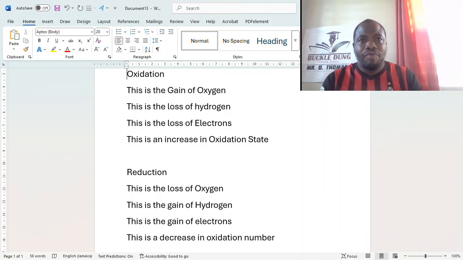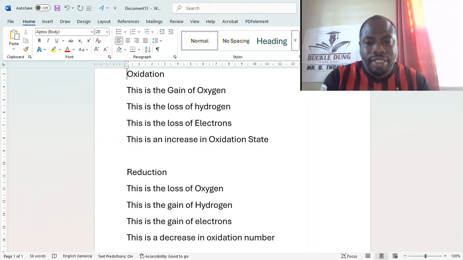How can you gain something and you're decreasing? That doesn't sound right, sir. And so I say to them, what the elements or the compounds are gaining is something that is negative. So you should have in the back of your head that the electrons are negative. So you're gaining something negative, so automatically you're going to be decreasing.